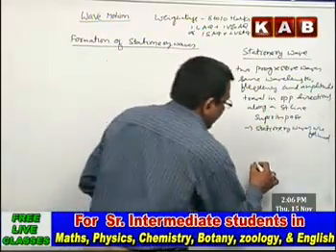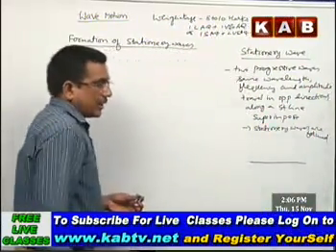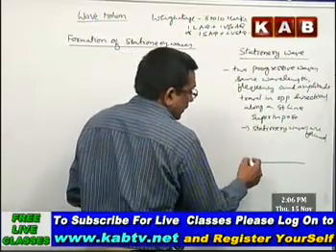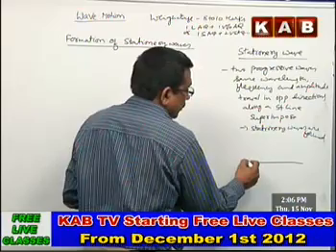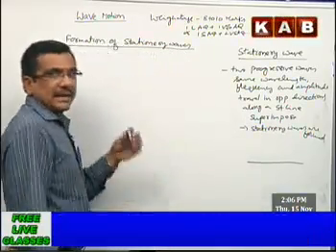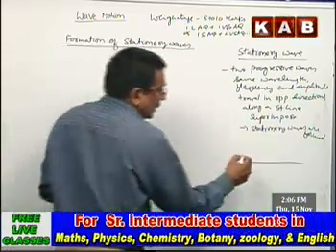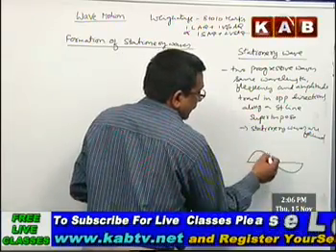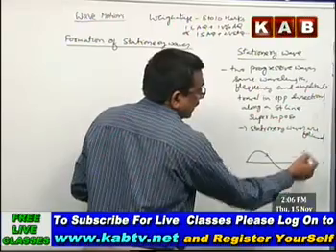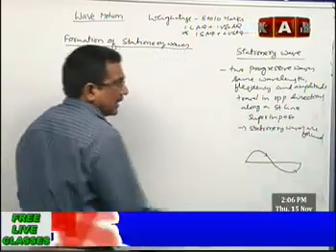Diagrammatically, if I take a string and pluck it at the middle, a progressive wave is set up at one end. That progressive wave is a transverse wave, as I am taking a string as an example. This transverse wave moves to the other end, where it cannot advance as that end is rigidly fixed.